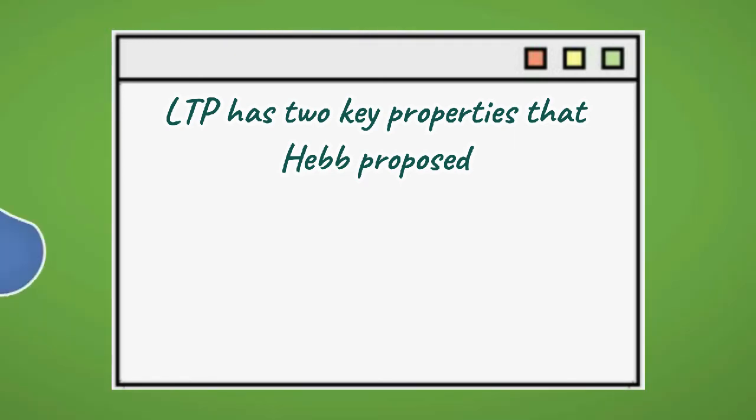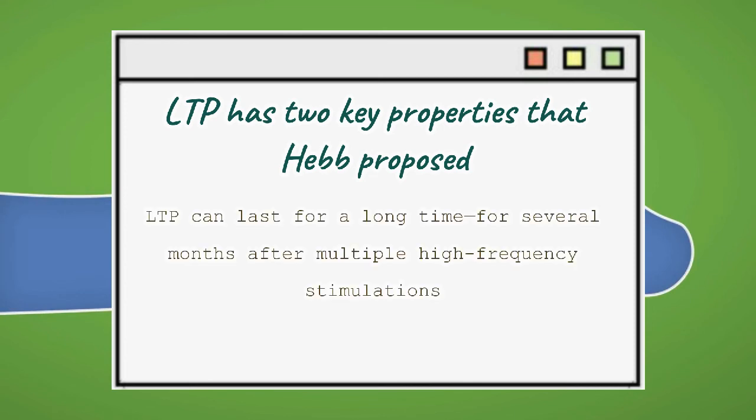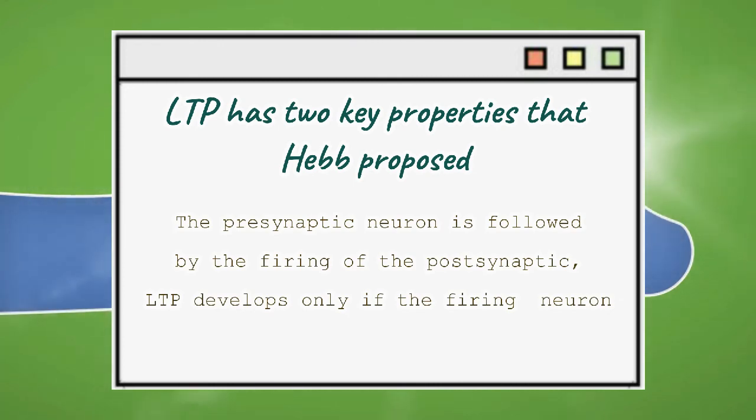So LTP has two key properties that Hebb proposed as characteristics of the physiological mechanism of learning and memory. First, LTP can last for a long time, for several months after multiple high-frequency stimulations. Second, LTP develops only if the firing of the presynaptic neuron is followed by the firing of the postsynaptic neuron.